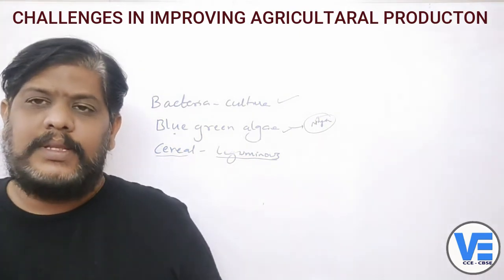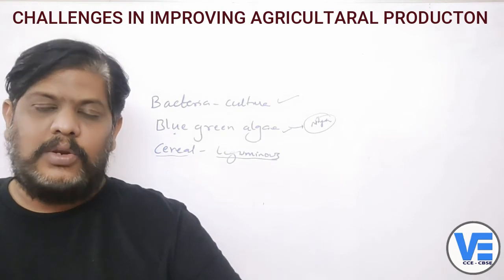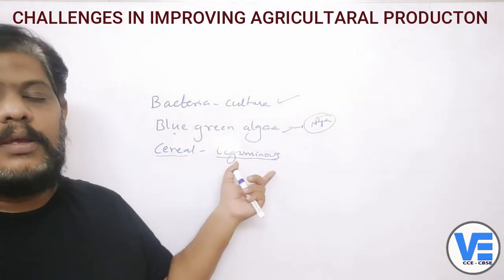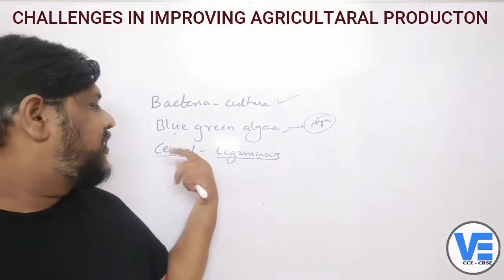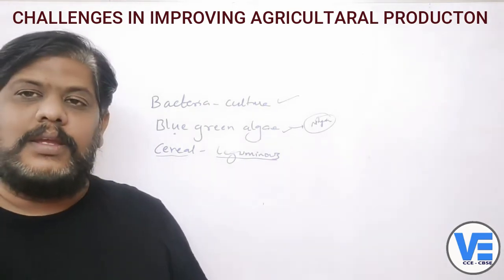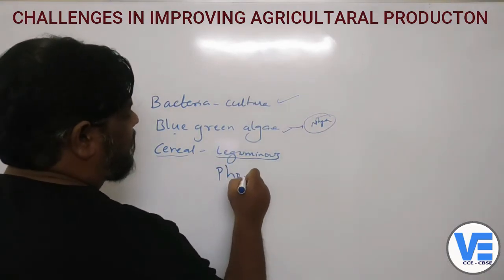You need not add nitrogen to the soil, because leguminous plants are already providing the maximum amount of nitrogen to the soil, so that the cereal plants can easily survive and also get more nitrogen. But it is not the same case with phosphorus or potassium.